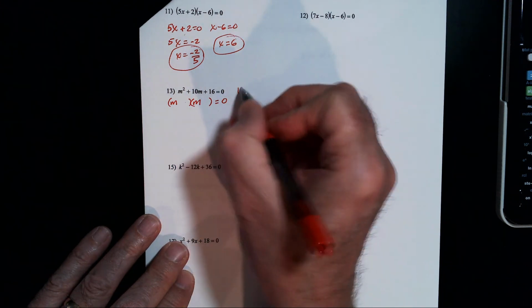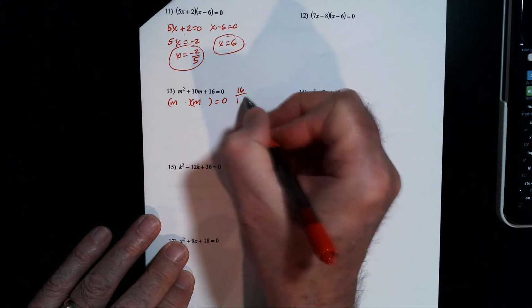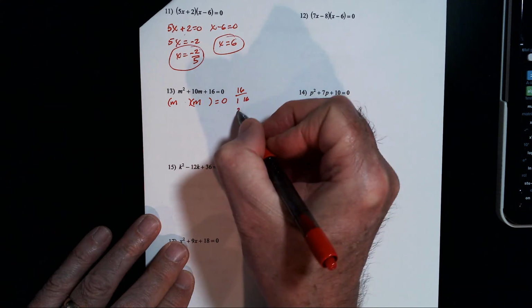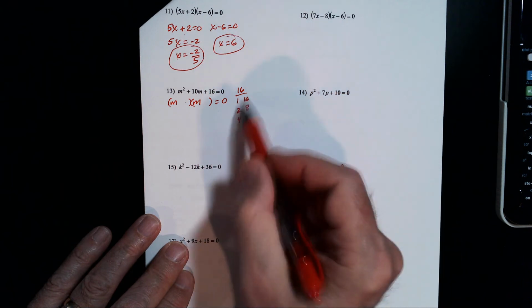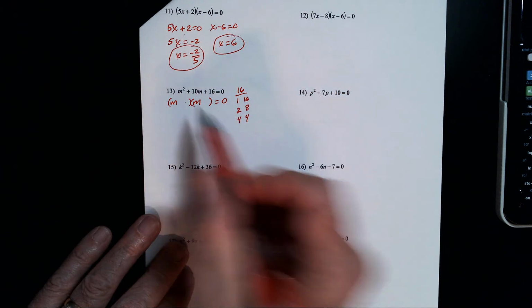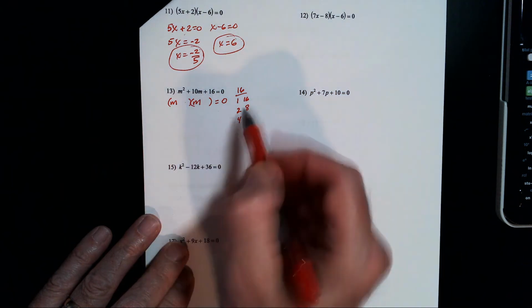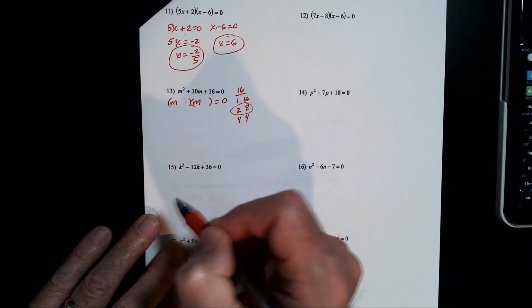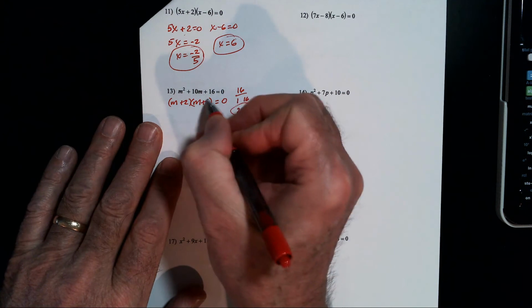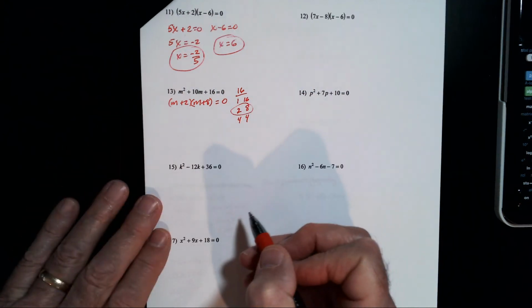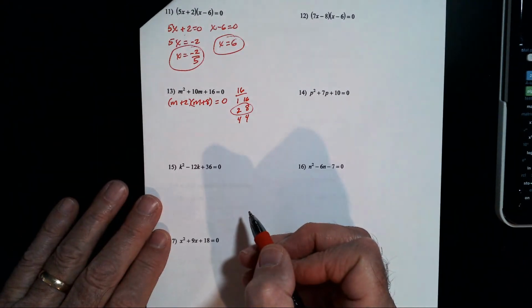So what are factors of 16? Well, you got 1 and 16, you got 2 and 8, and you got 4 and 4. Now, is there any of those pairs that also adds up to get to be 10? Sure, it's that pair right there. So m plus 2, m plus 8. Okay, so we've successfully factored.